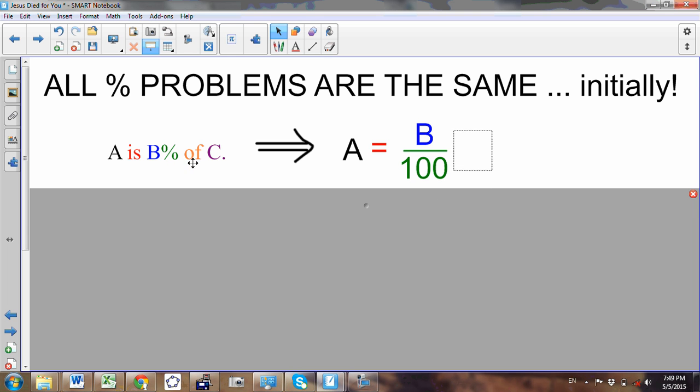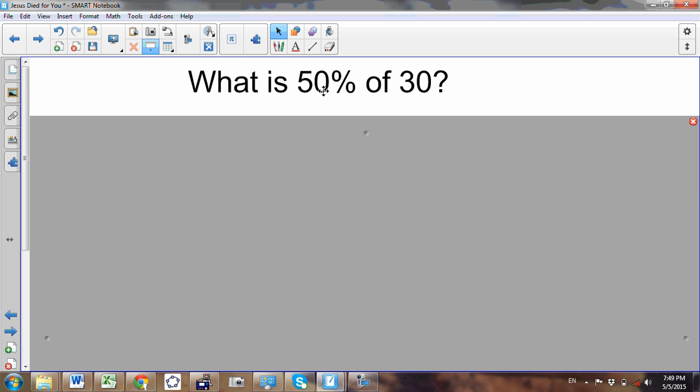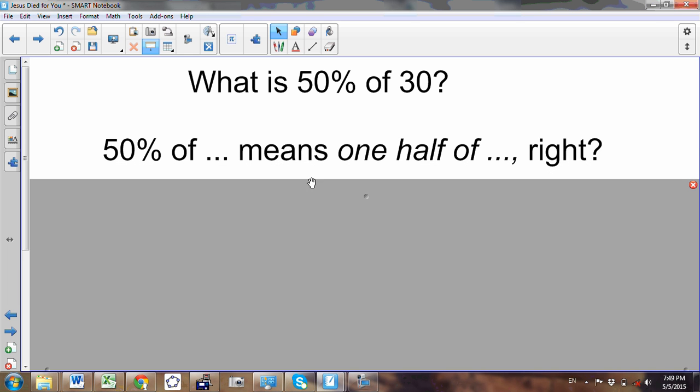Okay. Now, of C, you have to pause a moment to figure out how we translate of C mathematically. And here I have something that will hopefully explain that. 50% of 30. Okay, we all know that that means half of 30. And we all know that half of 30 is 15, right?